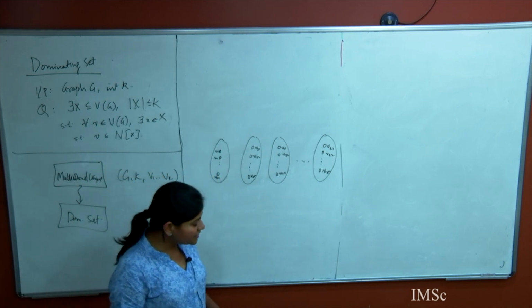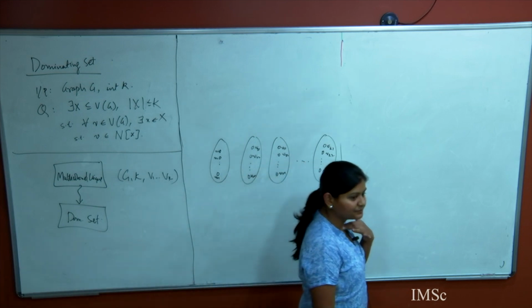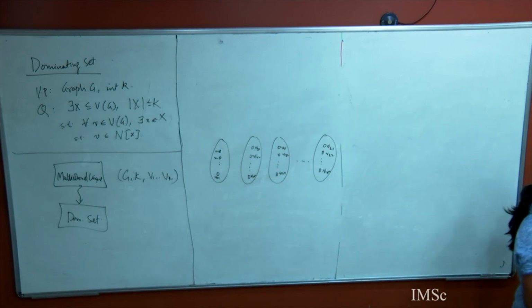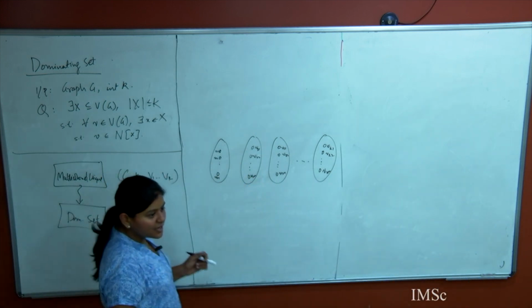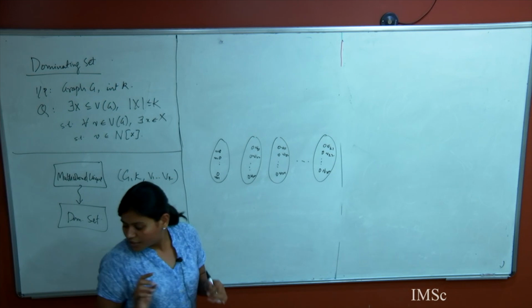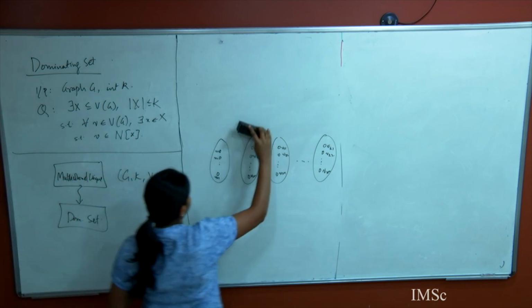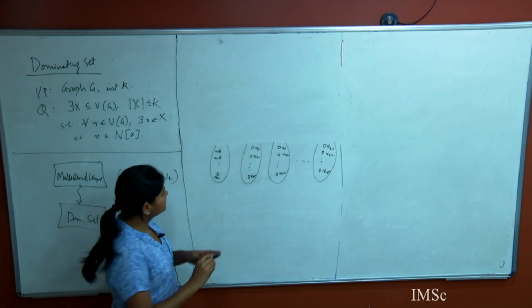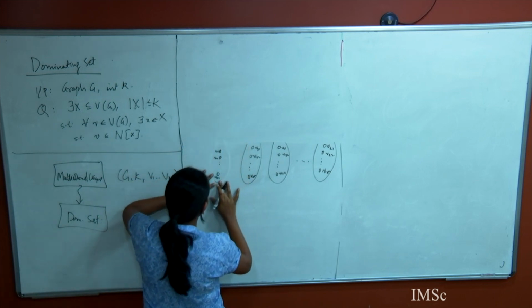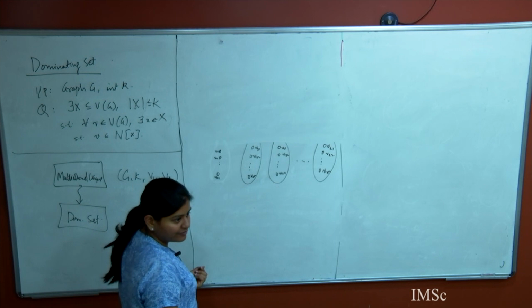But notice, is that enough? By creating a clique, we have many edges and in some sense some structure, that we may have to pick a vertex from here to dominate this, but it is not enough. So we will do a little more here.